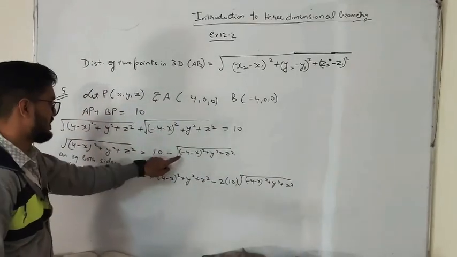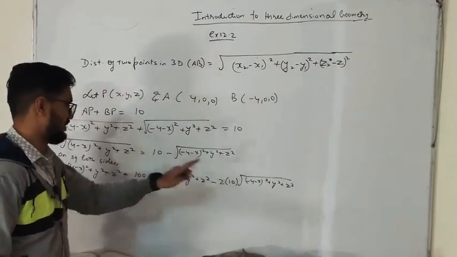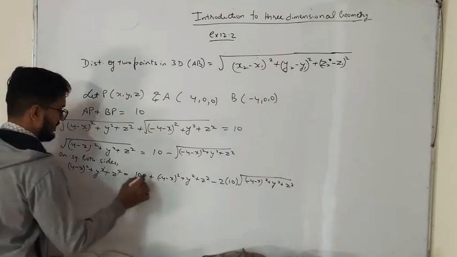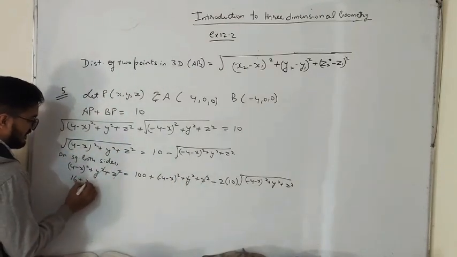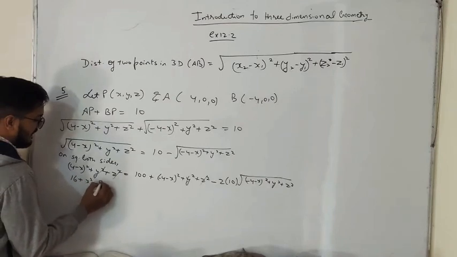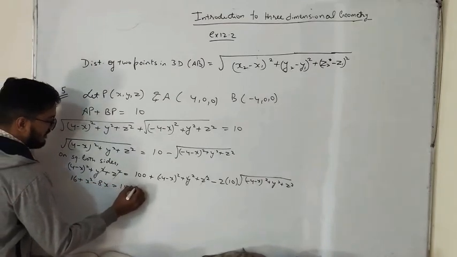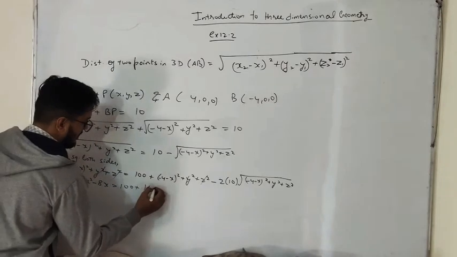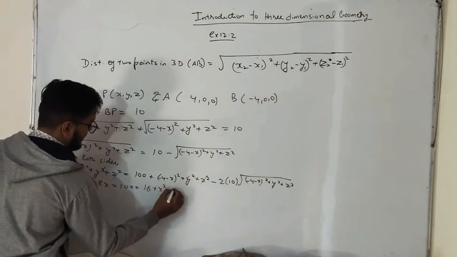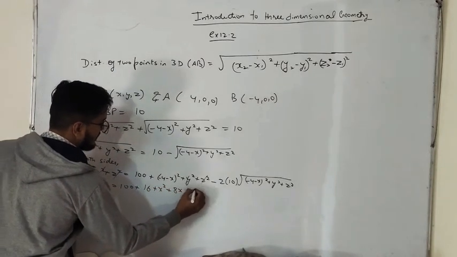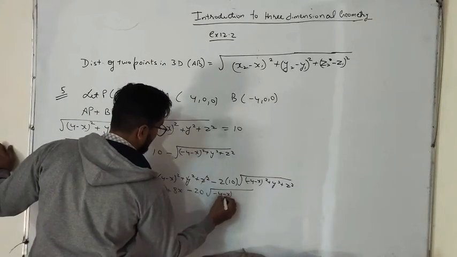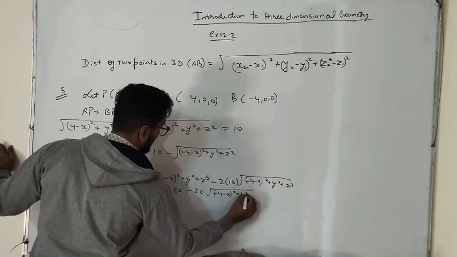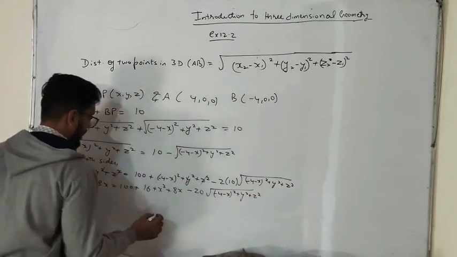A square plus b square minus 2ab, right? So y square to y square, z square to z square cancel. 4 square is 16 plus x square minus 8x is equal to 100 plus 16 plus x square plus 8x minus 20 root of minus 4 minus x whole square plus y square plus z square, right?